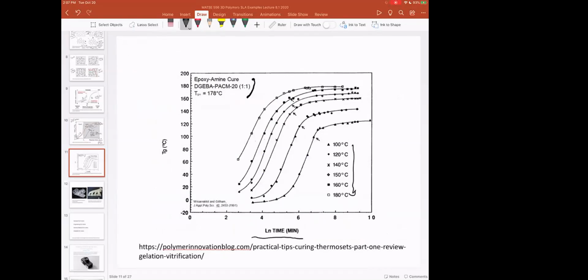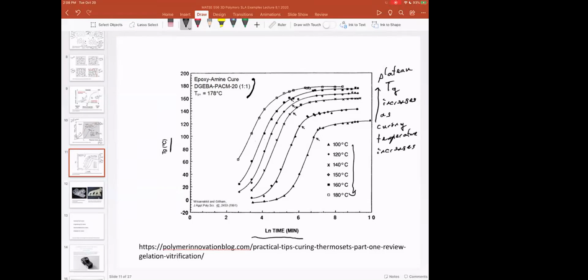The other thing that's interesting in this plot right here is that they're plotting the glass transition temperature of a thermoset. So you can measure the Tg, and you notice that the Tg, or the plateau, increases as curing temperature increases.